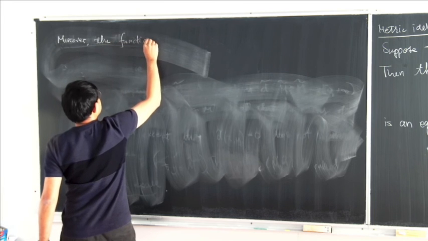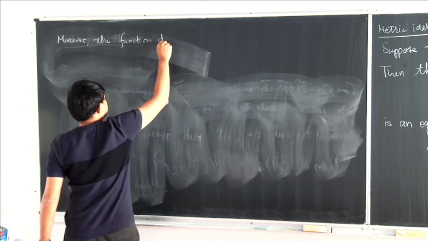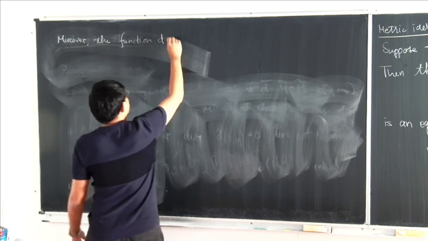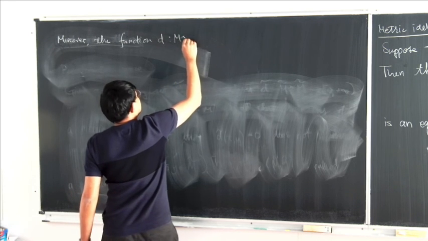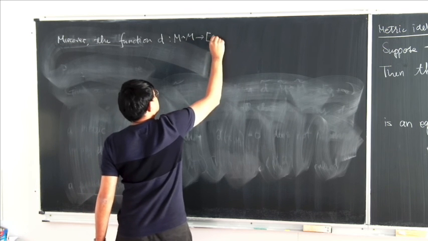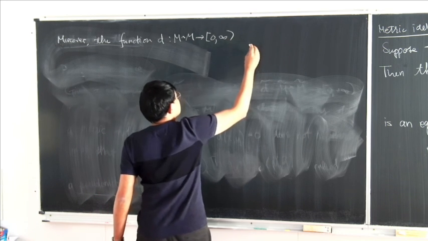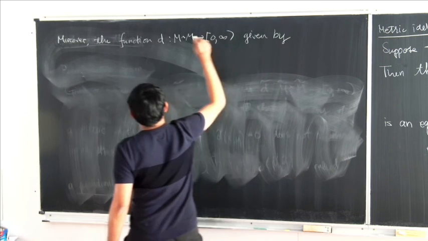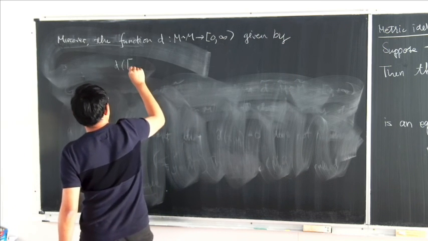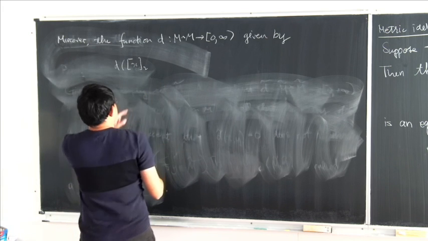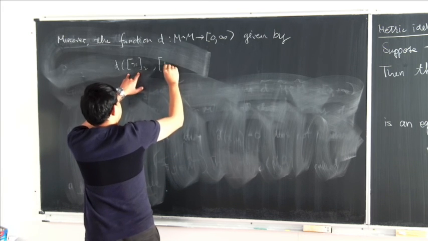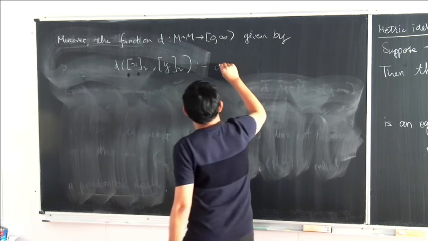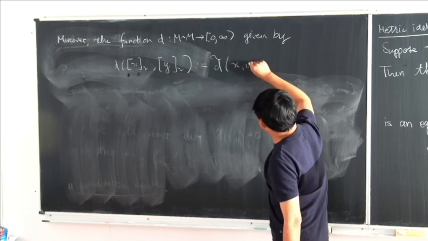So the function d is given by d of the equivalence class of x and the equivalence class of y, defined to be d tilde of x and y.